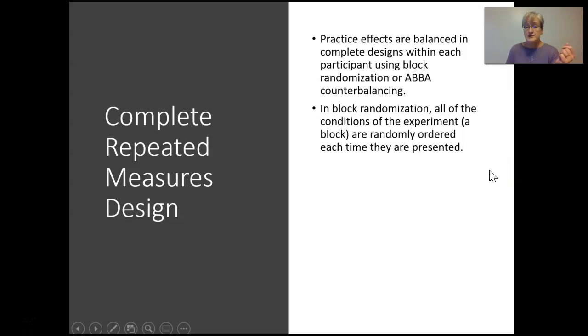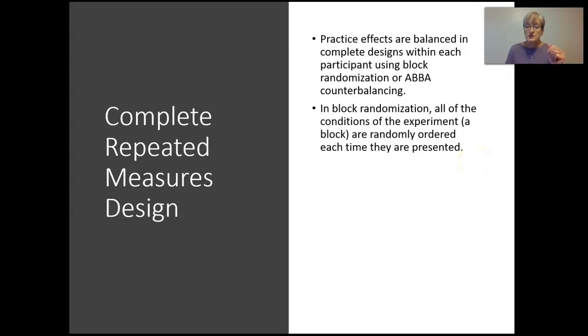In block randomization, what we're doing is creating blocks which are represented by orders, and the orders are randomized. So, if you're talking about ABBA, you might have ABAB, ABBA, and so on.